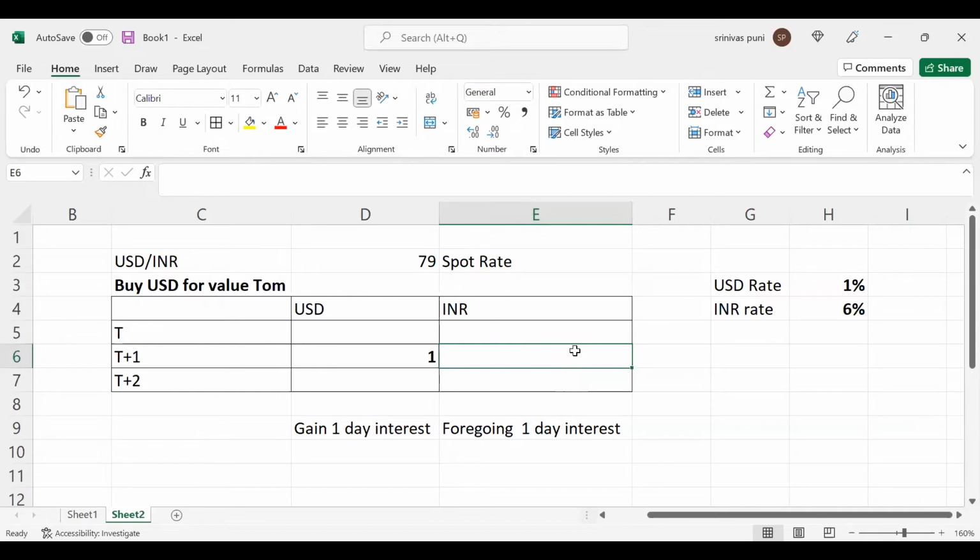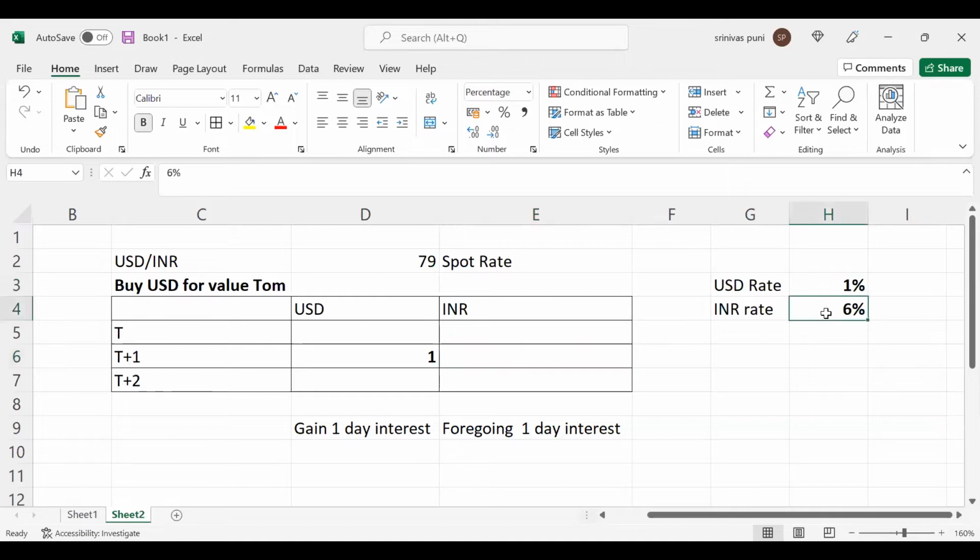Therefore, the question is, what do we do? How much is the reduction? So generally, the reduction should be commensurate with the interest rate differential that you are going to see. So what is the interest rate differential? In this example, 5%.